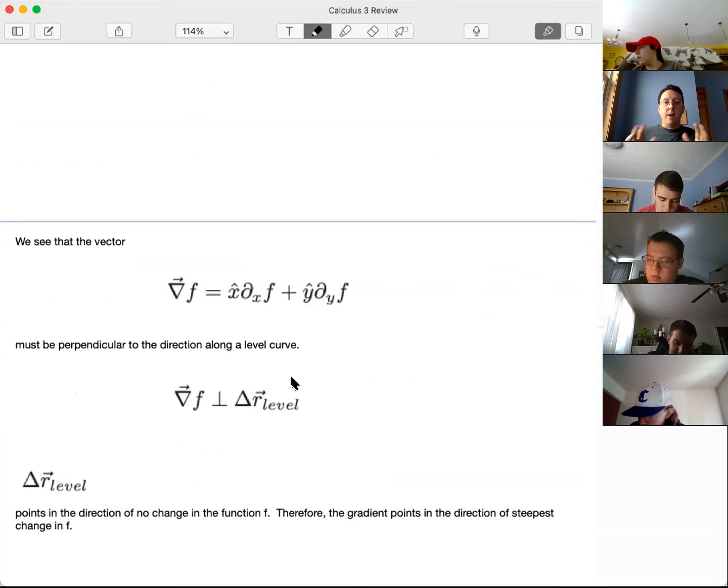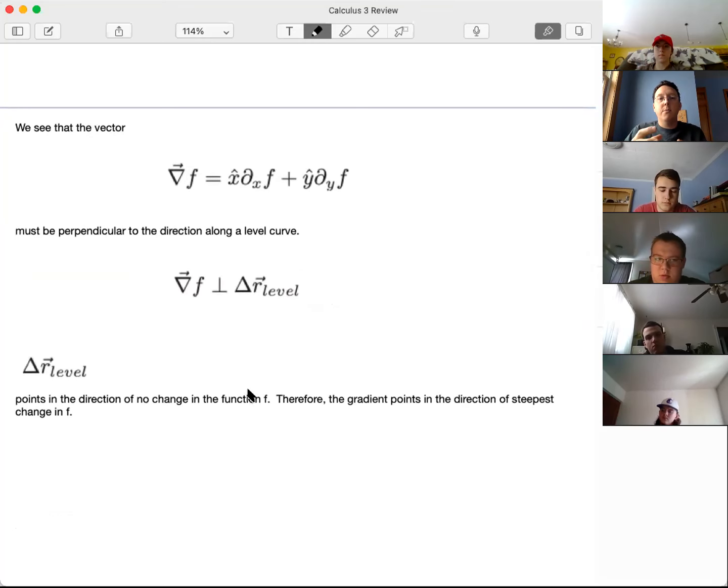So the gradient is perpendicular to the curves where it's not changing. There's a little bit of thought that has to go into it, but you can convince yourself pretty easily that if it's perpendicular to the direction where it's not changing, it points in the direction where it is changing, and in fact changing the most. So therefore, a gradient points in the direction of steepest descent.